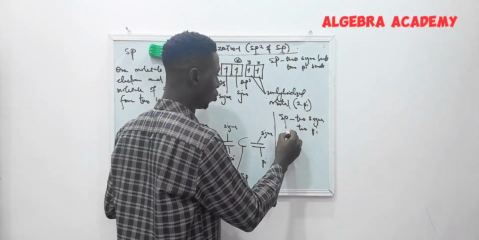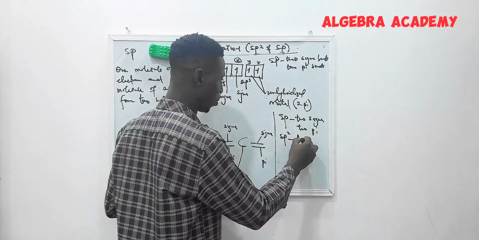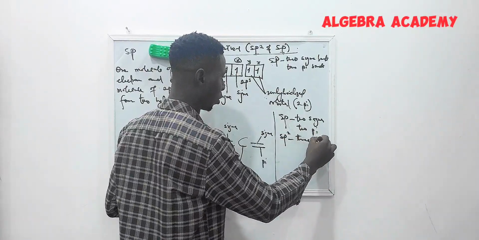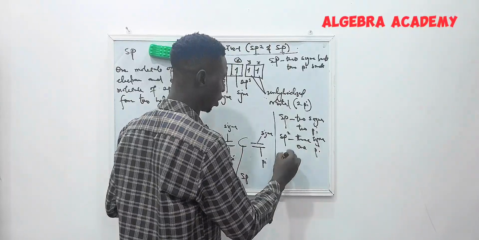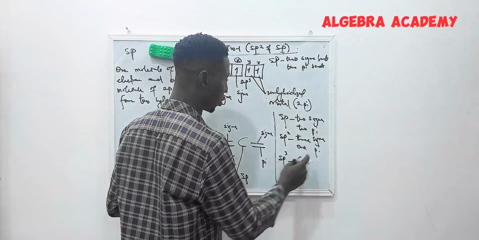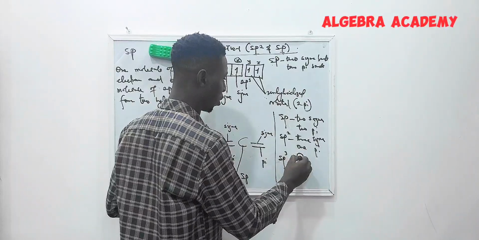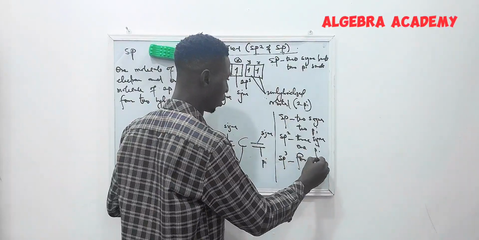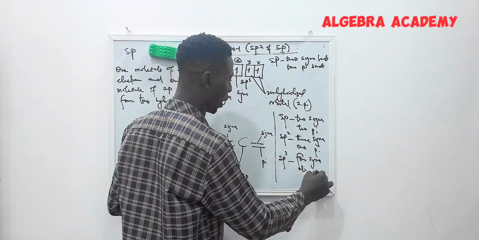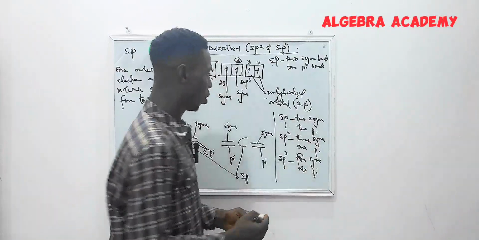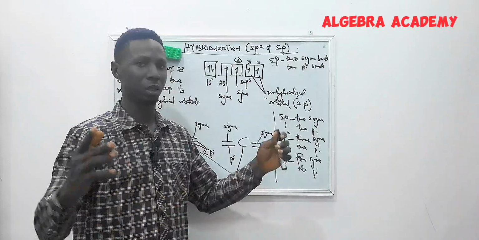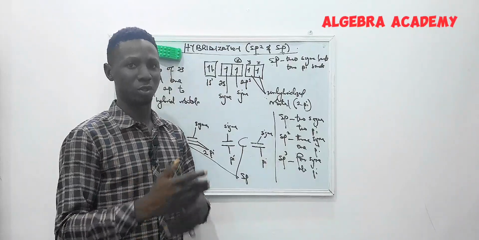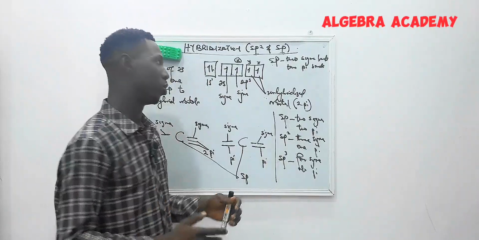For sp2, 3 sigma, 1 pi. And for sp3, 4 sigma and no pi. So if you use this method, you'll be able to identify the hybridization of carbon correctly, regardless of whether it is double bond or triple bond or all single bonds.